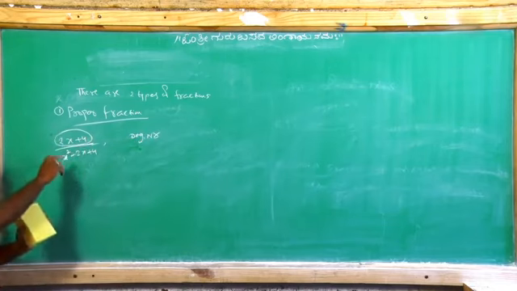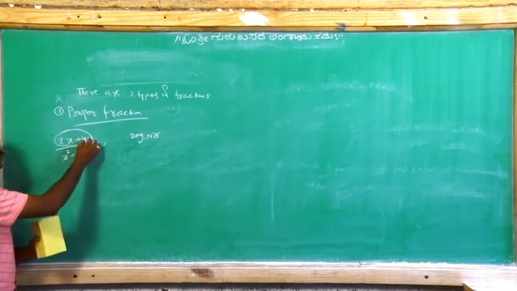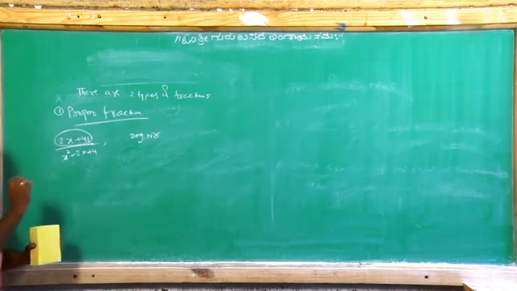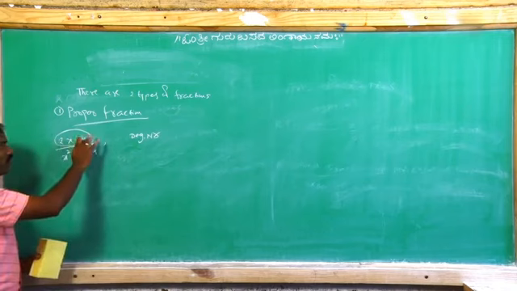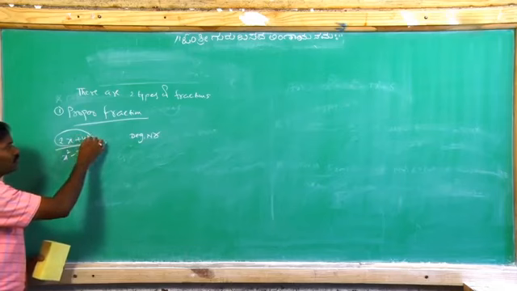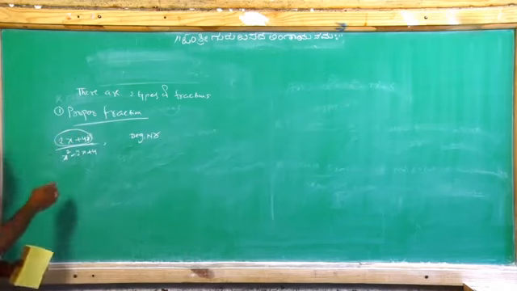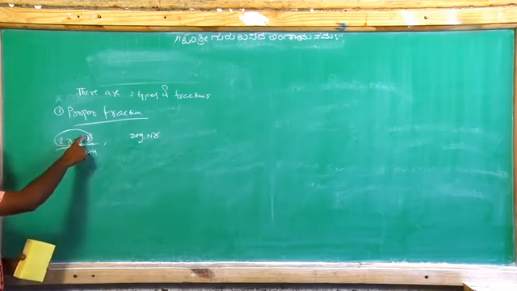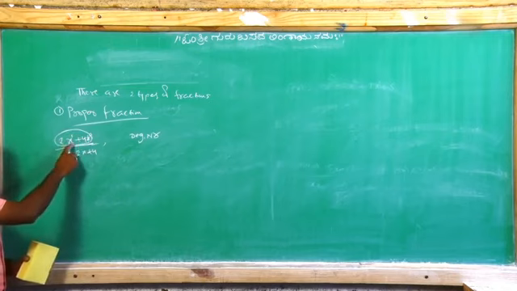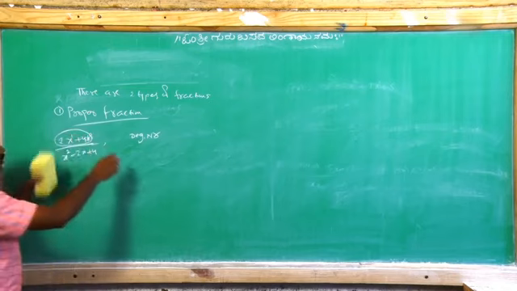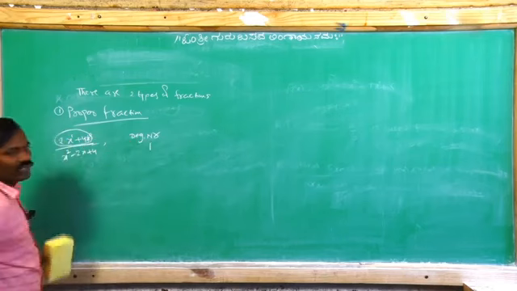In the numerator 2x plus 4, here 4 means 4 into 1, but 1 is written as x to the power 0. So 2x plus 4 into x to the power 0. The highest power of x is 1, so the degree of the numerator is 1.